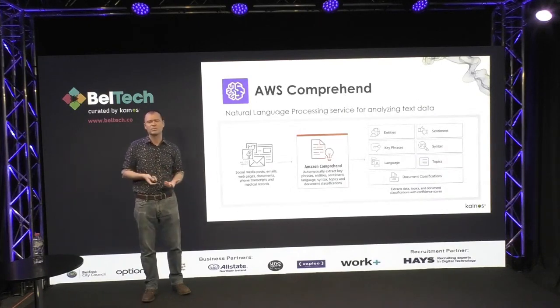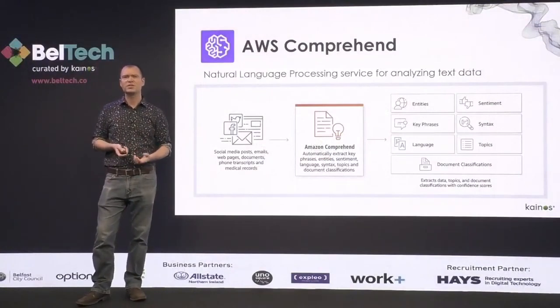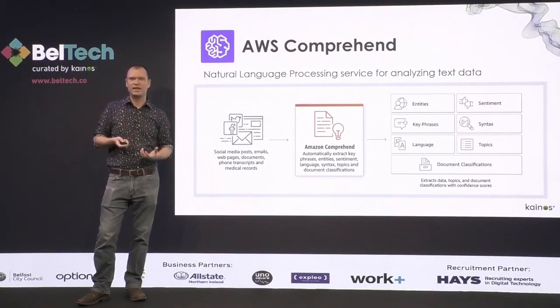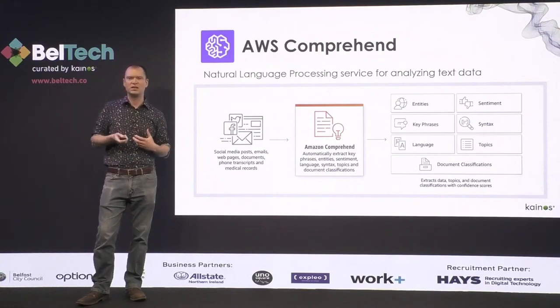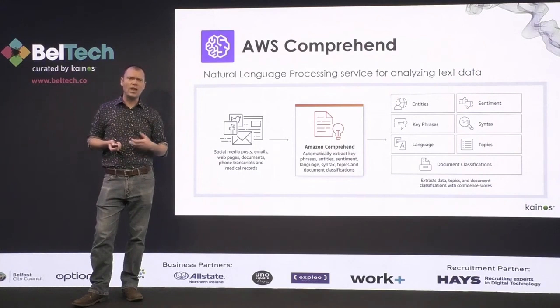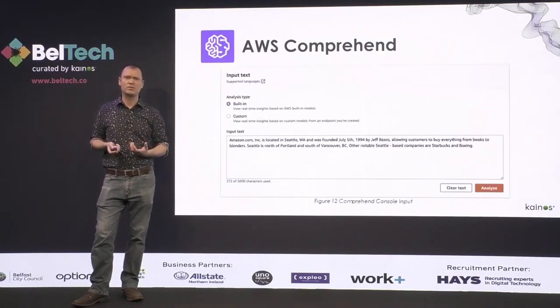And the first of those that I really want to talk about is Comprehend. Comprehend, as I mentioned before, is a natural language processing service. Out of the box, it gives you a number of pre-built models for things like entity detection, sentiment analysis, language detection, topic modeling. And like many AWS services, if you want to play around with this and put some sample data in to see what it can do, you have a UI where you can do that.